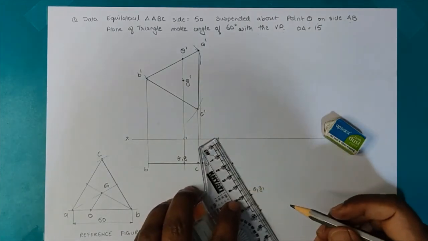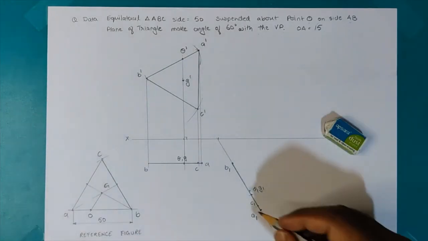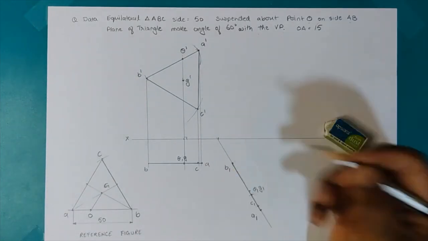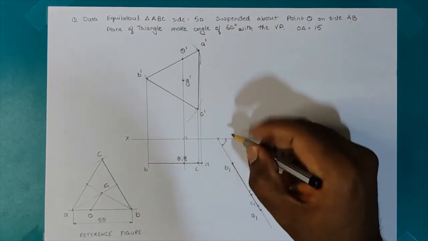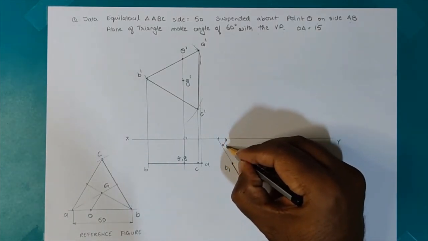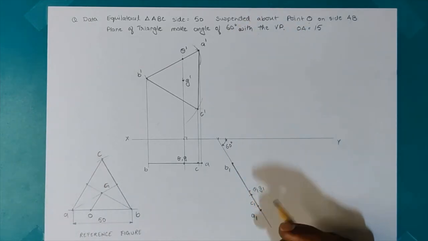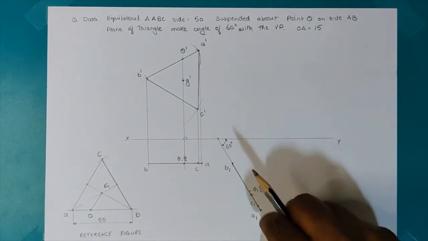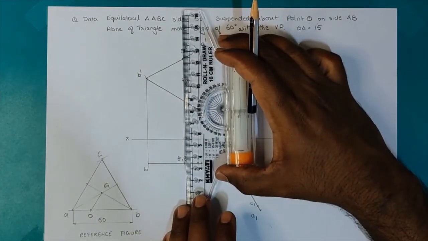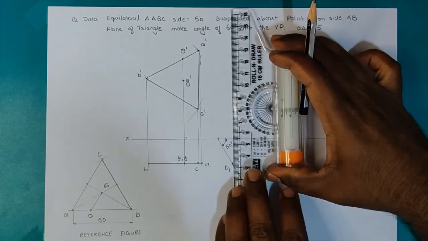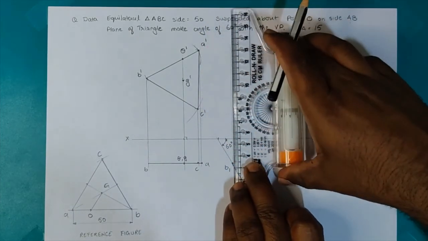I join the line endpoints with a dark line to complete the top view. This top view is at an angle of 60 degrees to the VP, 60. Now I have to make vertical projectors. So I will be drawing faint vertical projectors through points B1, O1, C1 and A1.